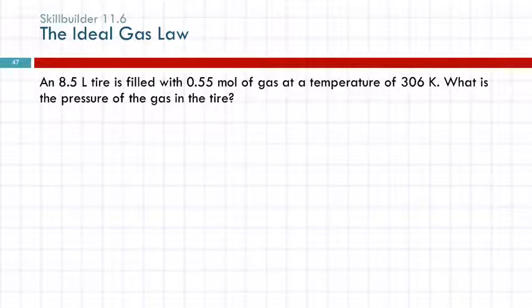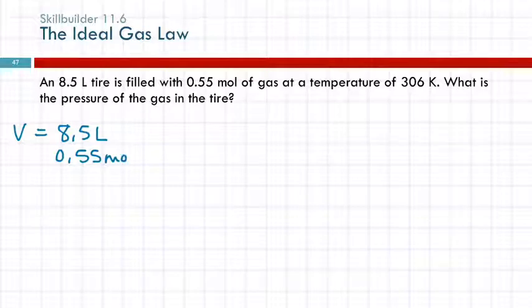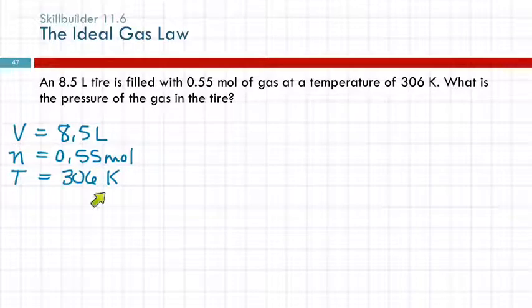So 8.5 liters. Well, liter is a unit of volume. That must be the volume. 0.55 moles. Mole means this is number of moles of gas. 306 Kelvin, that's the temperature. And it has to be in Kelvin, and it already is, so I don't have to worry about that.